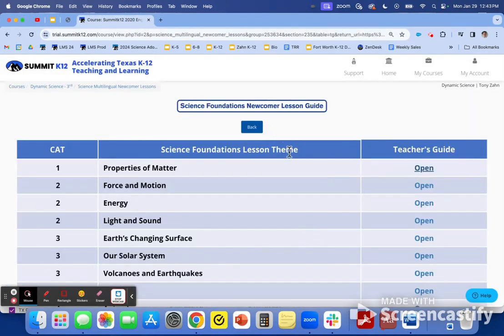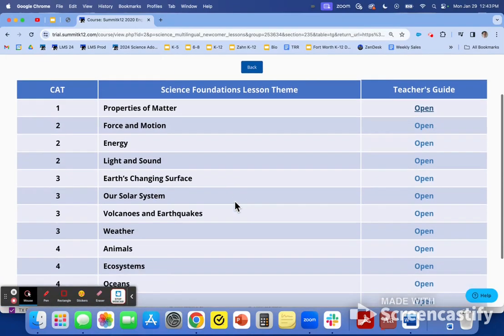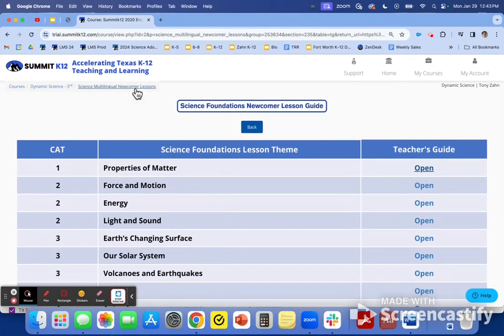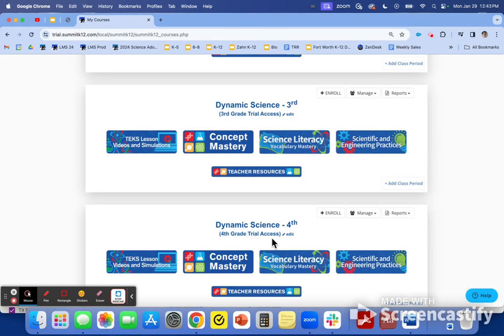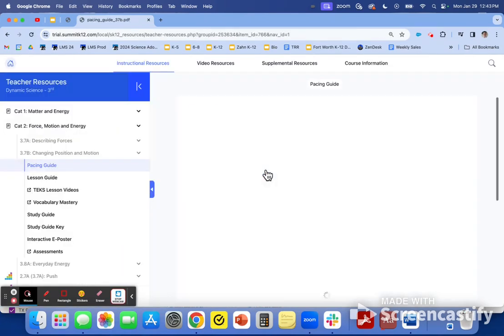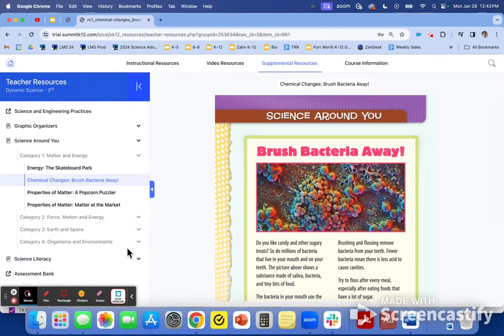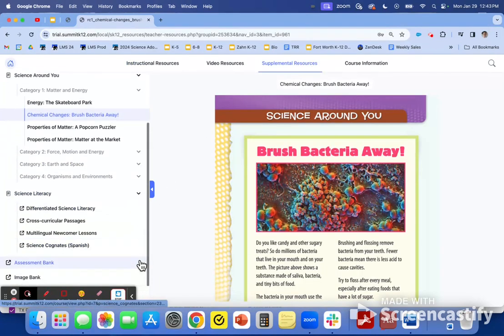So on this page, we have our newcomer lessons, like I showed you, for different categories. Look at all those different topics that we have. Supplemental resources, science literacy.